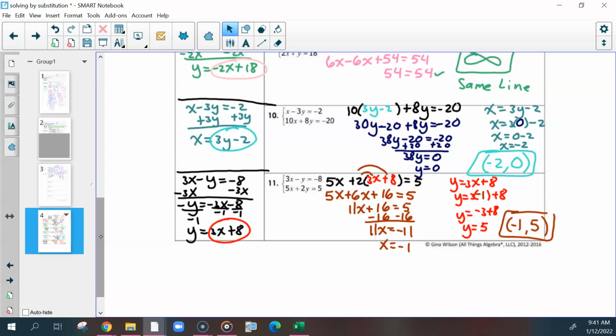Alright, so for the remainder of the class, here are the following things that you can be working on. If you didn't do the Khan Academies or Delta Math for systems of graphing, you can work on those. If you've done those already, you can work on the Delta Math and Khan Academy for systems by substitution.